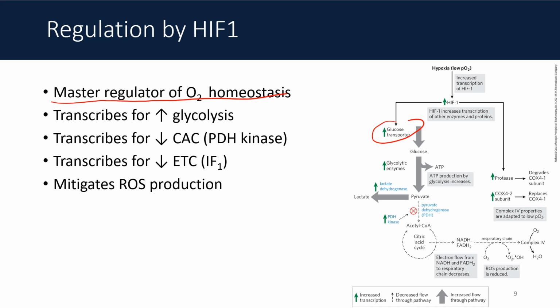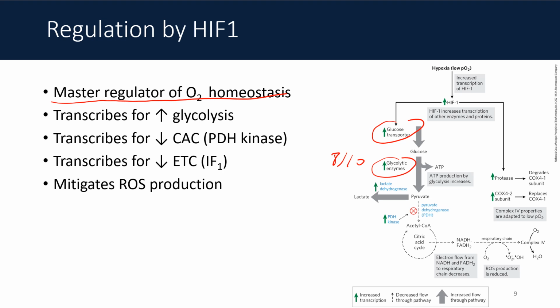In addition to that, we can upregulate 8 out of the 10 glycolytic enzymes, thus increasing the cell's capacity for glycolytic flux. And both of these are meant to compensate for the decreased capacity to make ATP through aerobic respiration in hypoxic conditions.